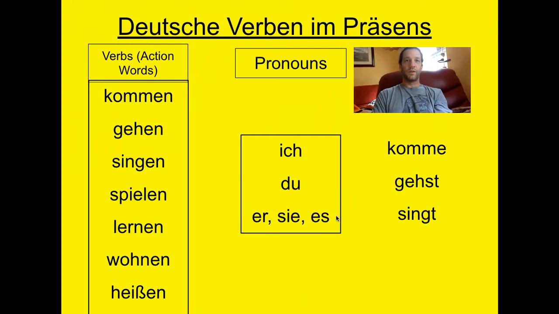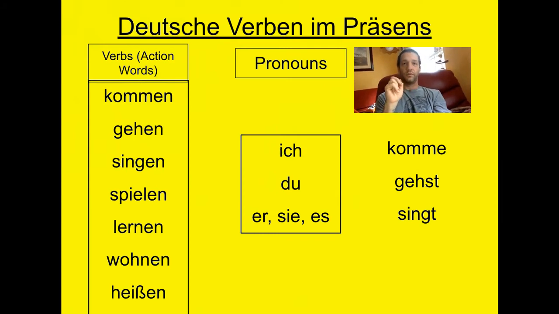What do these all have in common? Well, are they plural or singular? They're singular. They refer to one person. I, you, he, she, or it. What person are each of these pronouns? Ich. All right, so what person am I talking in if I say I, ich?